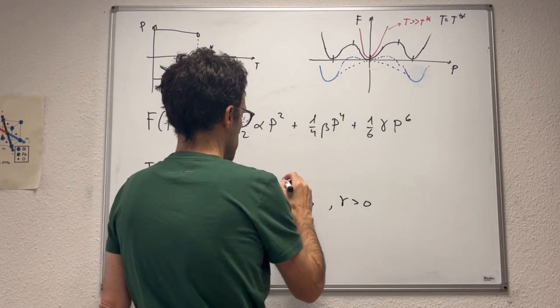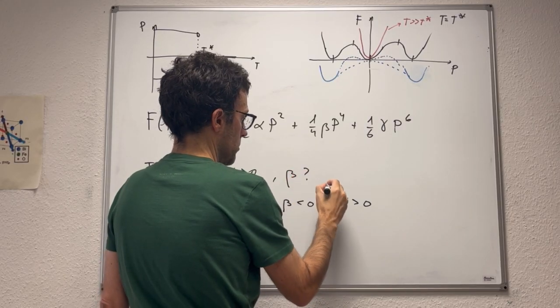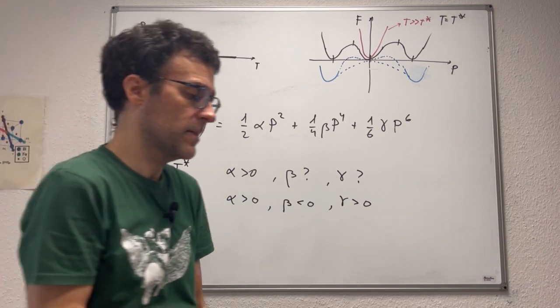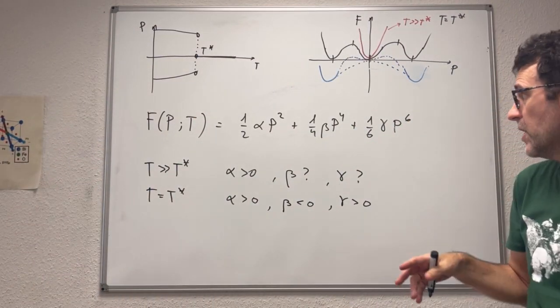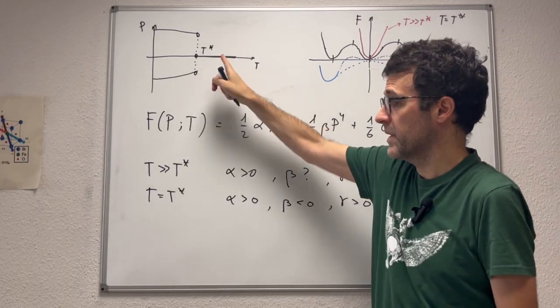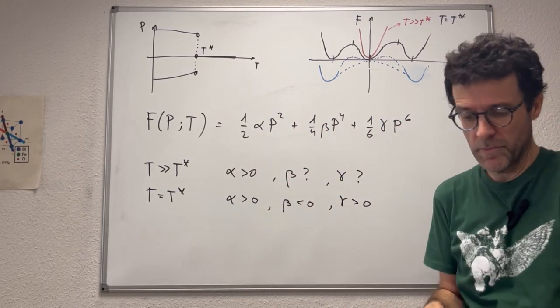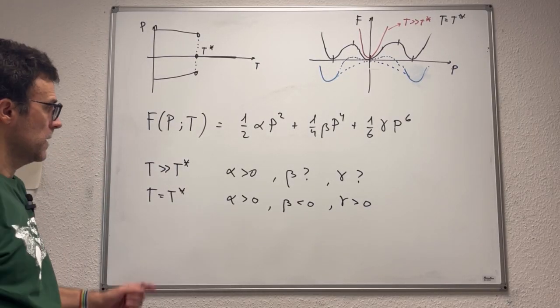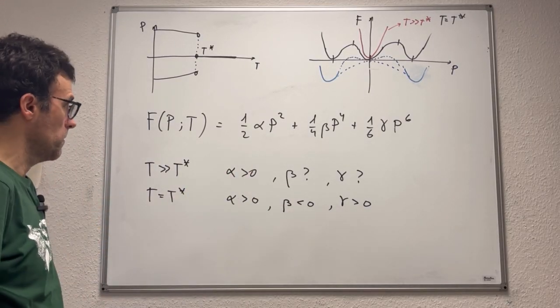So for beta, we don't know. For gamma, we don't know. That is enough for the purpose of this lecture. Of course, eventually we could measure more properties of this phase that give us information about beta and gamma, but that's a different business. Right now, we don't know.